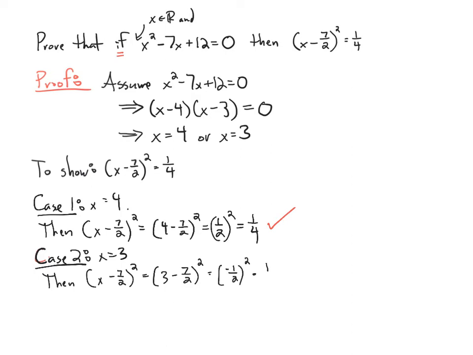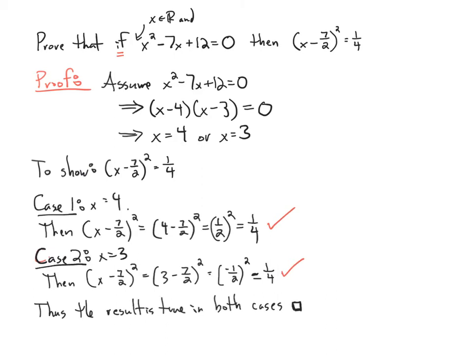And negative 1/2 squared is also a quarter. So we're good. In either case, the result is true. Maybe write a little note at the end: thus, the result is true in both cases. And we're done.